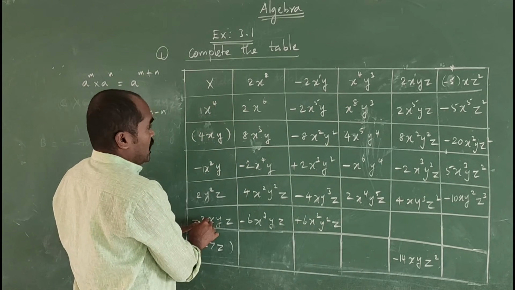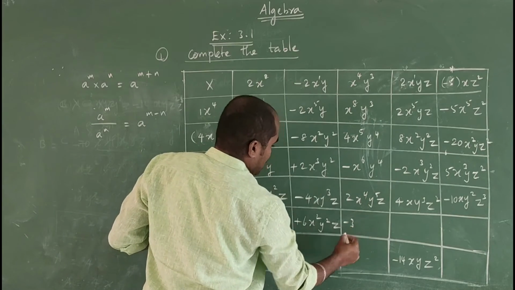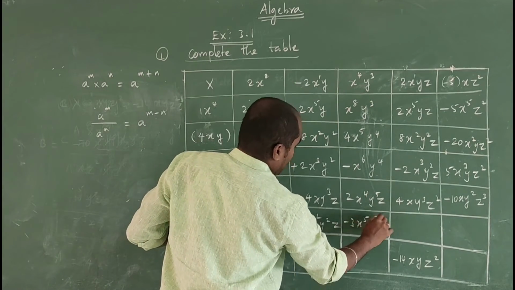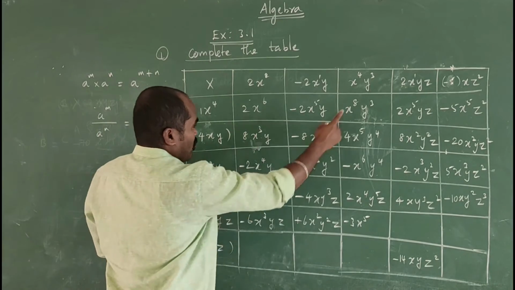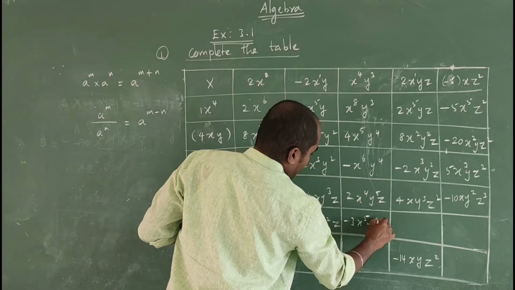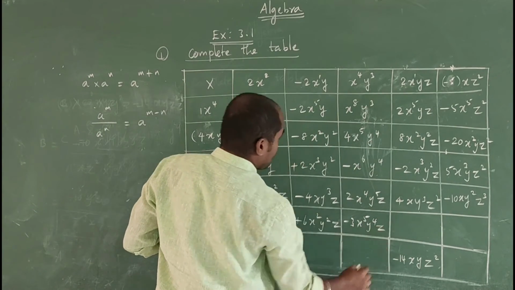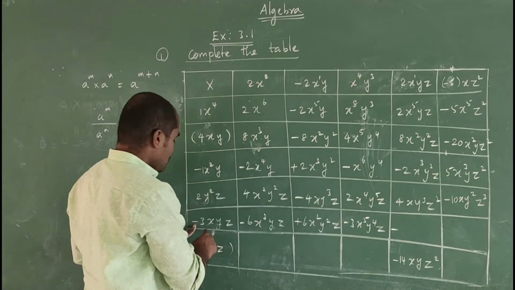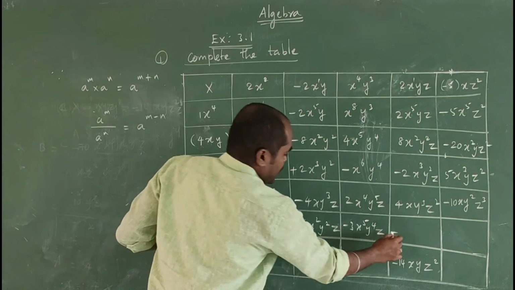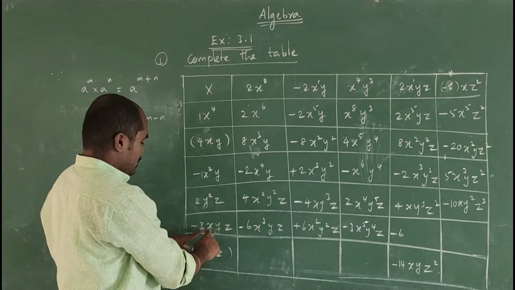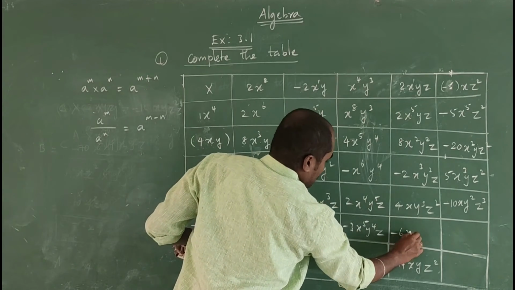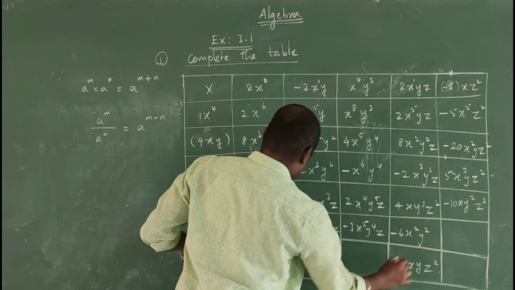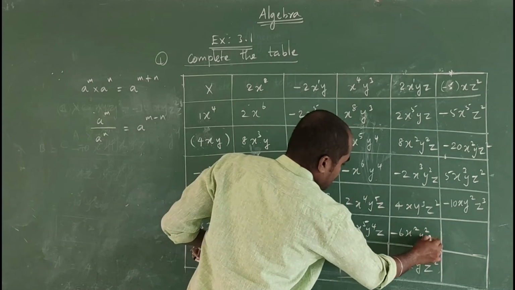Next, minus 3 into 1 is minus 3. X into x power 4, x power 5. Y into y cube is y power 4 and z. So minus into plus, minus 3 2s are 6. X into x, x square. Y into y square. And z into z is z square.